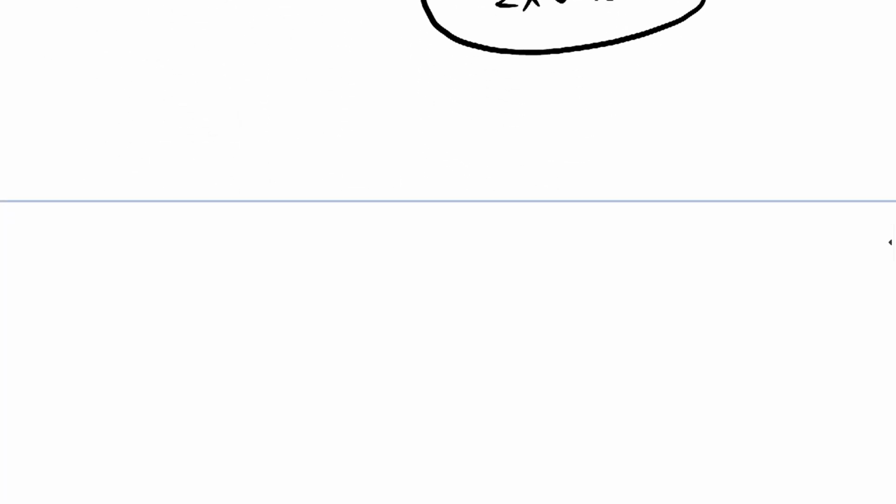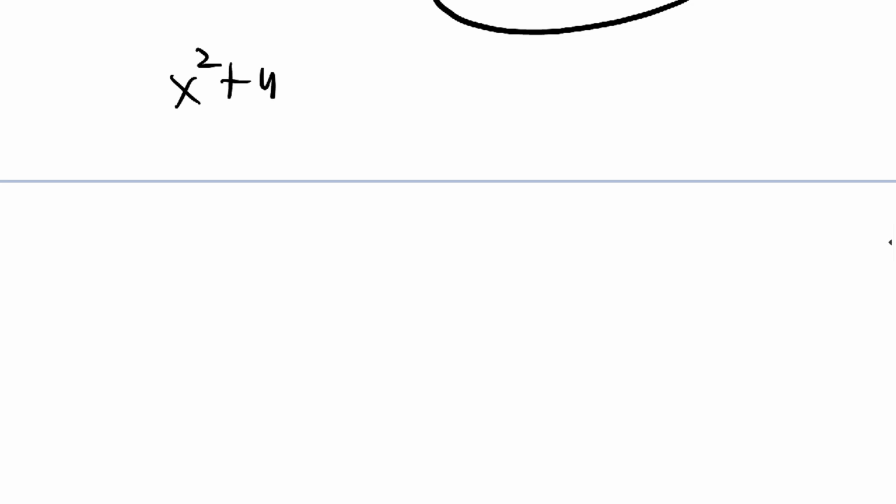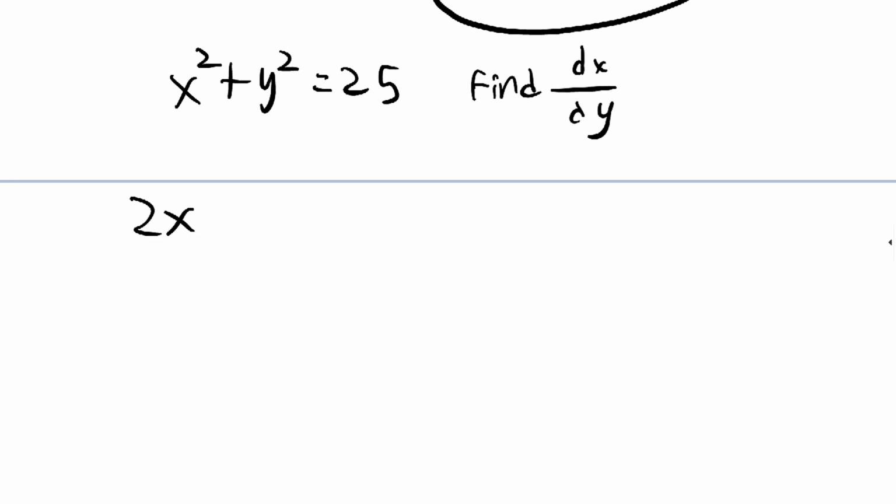Now let's go back to that same problem. x squared plus y squared equals 25. Now I'm going to ask you to take this derivative with respect to y. So the question is going to be like, find dx dy. Okay, so now when I take the derivative of x squared, I need to tag on a dx dy. So that is why notation is extremely important. It's asking us to take a derivative with respect to y.